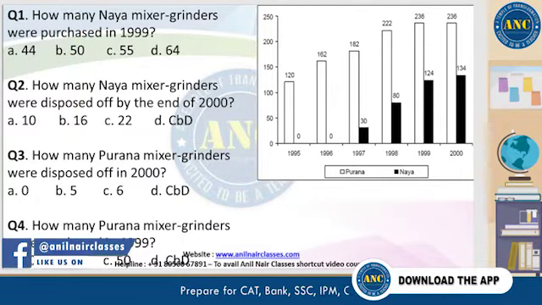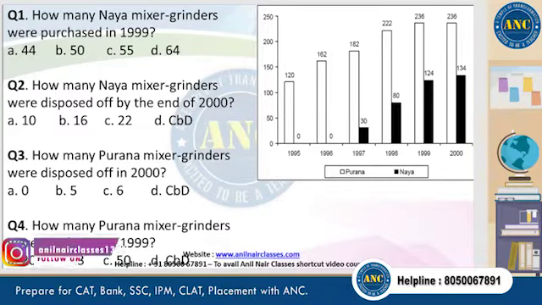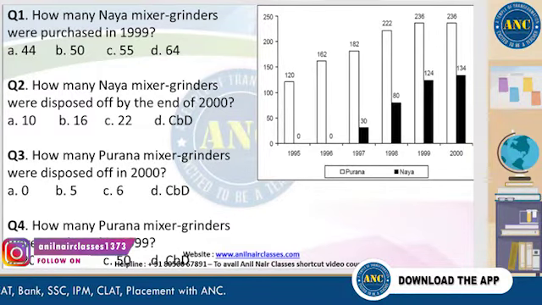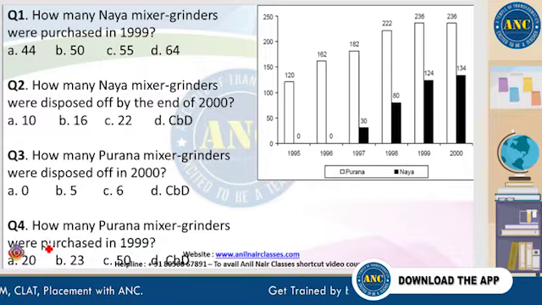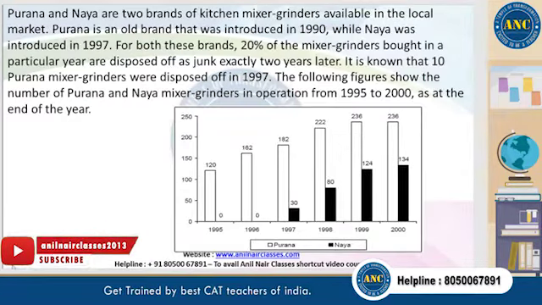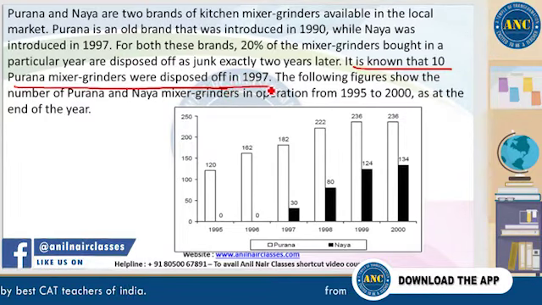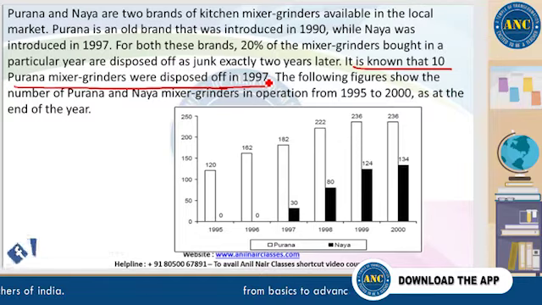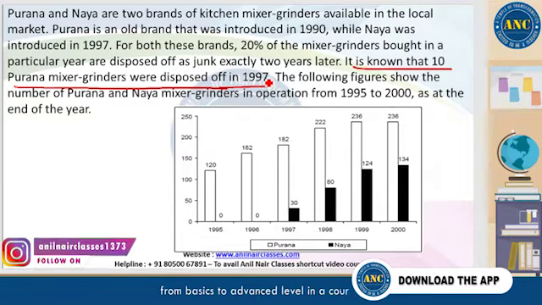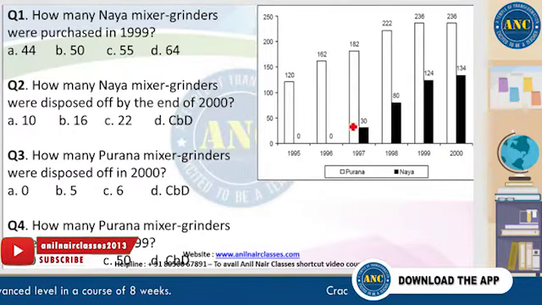Now let's look at the second question, and that's intriguing. That's interesting as well. How many Purana mixer grinders were disposed of in the year 2000? Now, if you look up the data, they say that 10 Purana mixer grinders were disposed of in the year 97. 10 were disposed in the year 97.